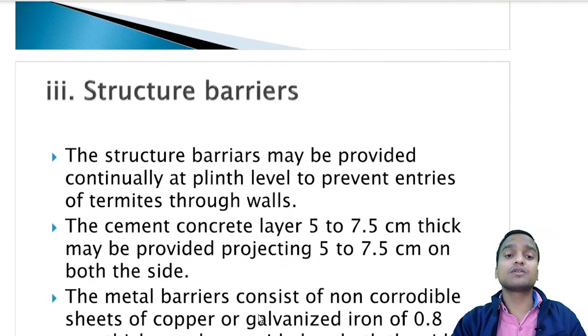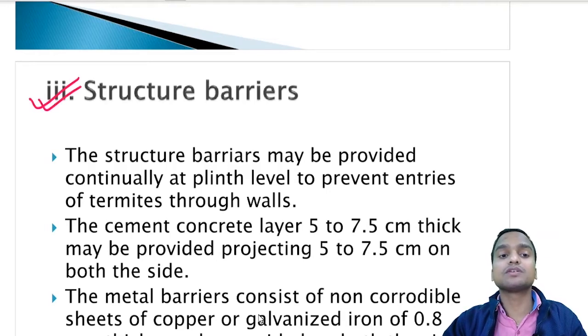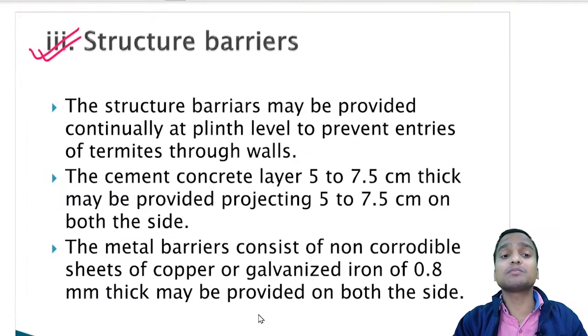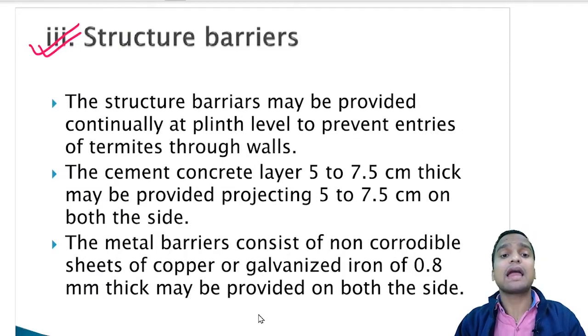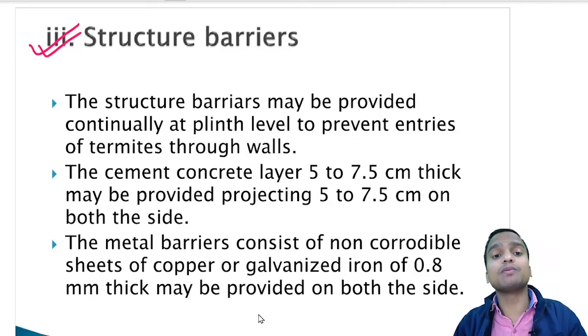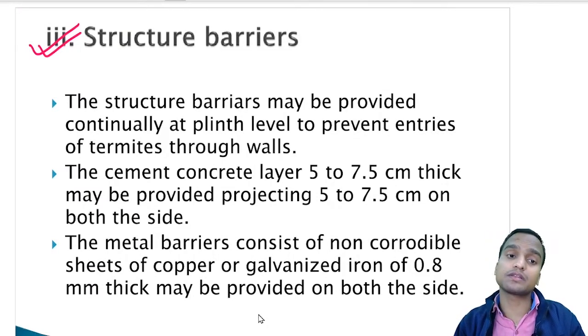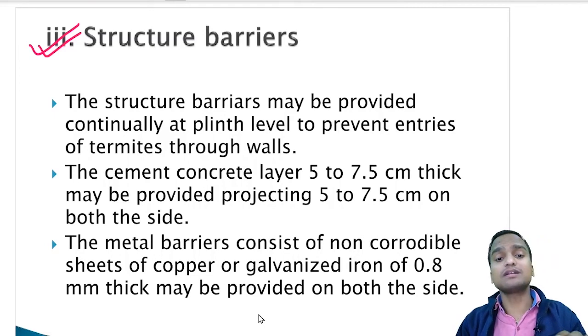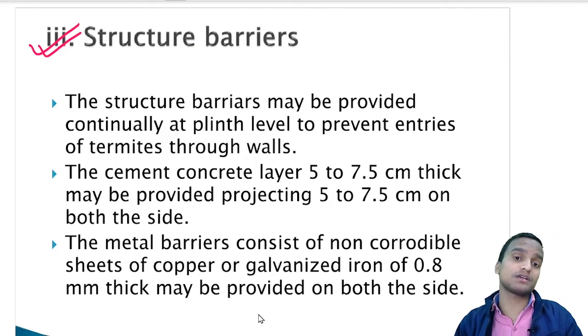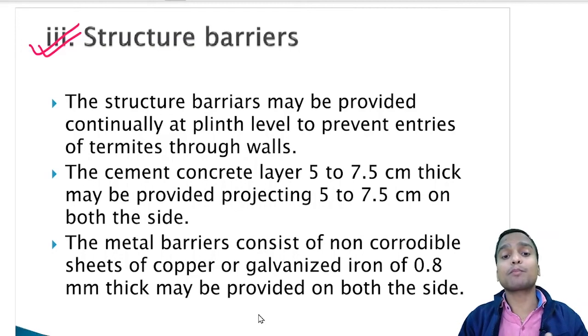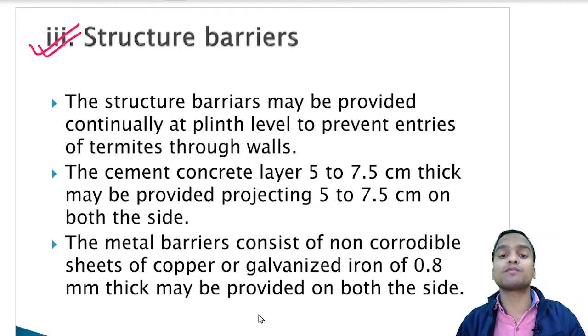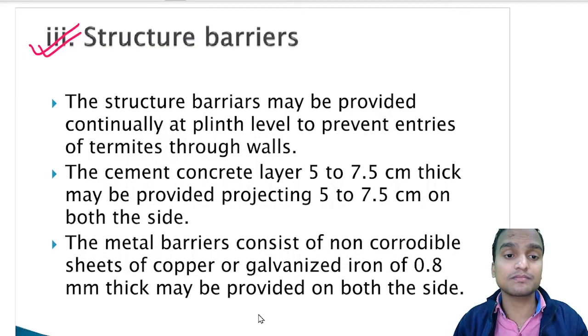So the third one is the application of structural barriers. Structural barriers may be provided continually at plinth level to prevent entry of termites through the walls. The cement concrete layer is the best type of structural barrier that can be used here, and this layer should be 5 to 7.5 centimeter thick, and it may be provided projecting 5 to 7.5 centimeter on both the sides.